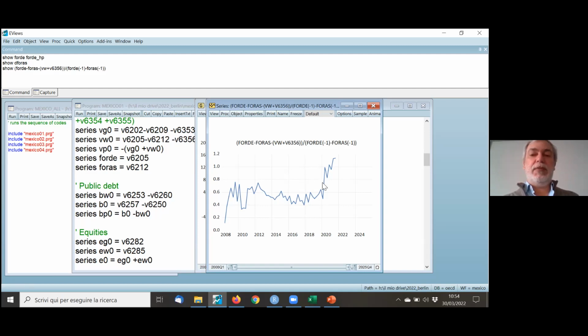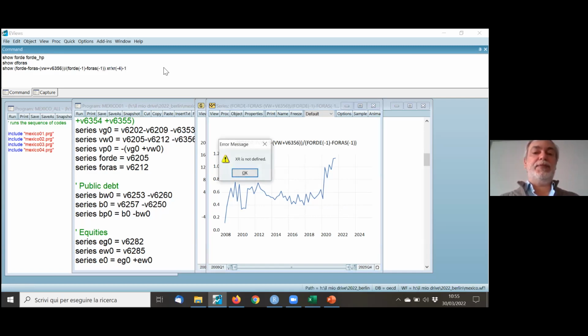But as far as I remember, the exchange rate was not going in a way which would help us explain this type of capital gains. So let's look at the rate of change of the exchange rate. Why is it not defined? Because it's in a different page.